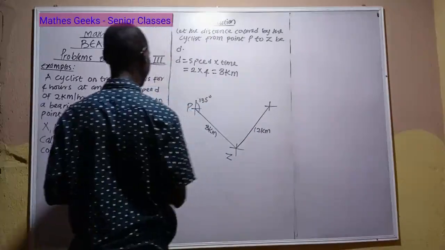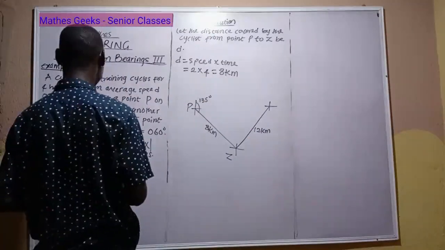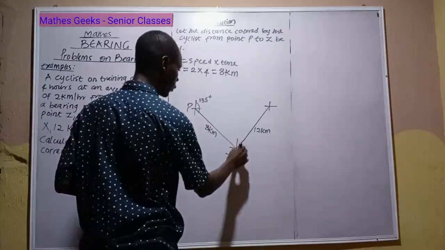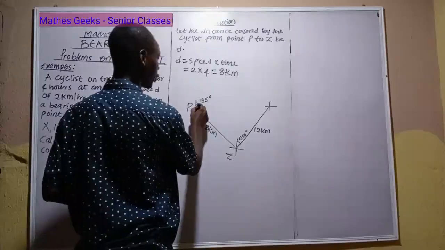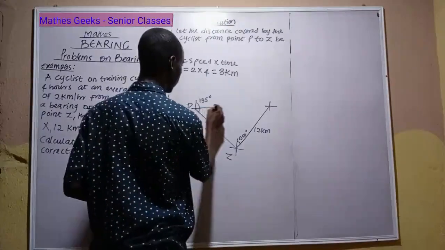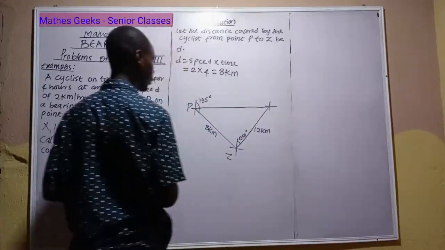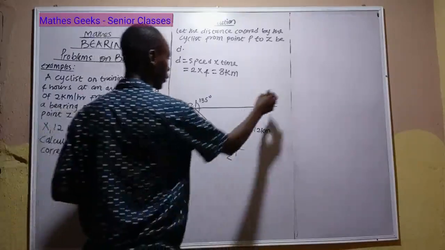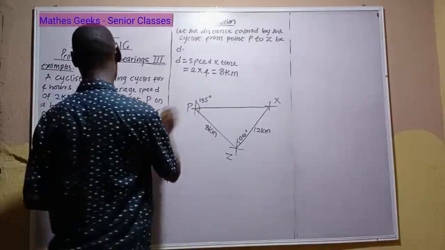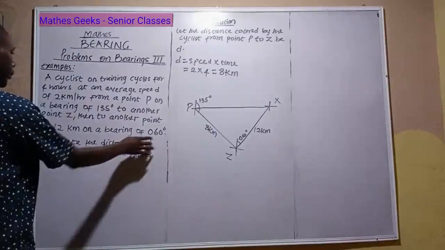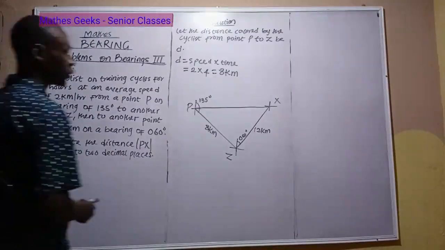And then 60 degrees. So we're going to join these 2 points. This is point X. So what we're going to look for is this distance. Calculate the distance PX correct to 2 decimal places.